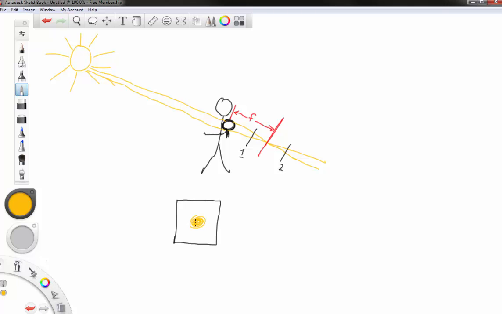You have some bright spot, and what you do is you measure how big this bright spot is. Let's say we choose 1 centimeter. So you measure that the spot here is 1 centimeter, and then you pick a second screen position where this is the case.